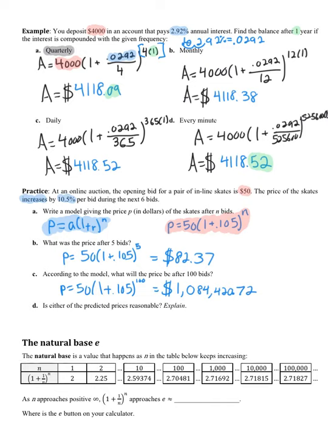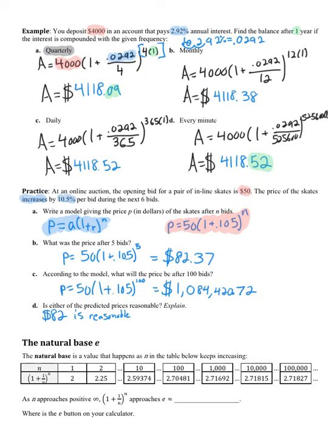So after we do our calculations here, we end up getting like $82 for 5 bids, but then over $1 million for 100 bids. And this is for a pair of inline skates. So is the predicted price reasonable? Some of us could argue neither one's reasonable because they're inline skates. But I would say $82 is definitely reasonable.